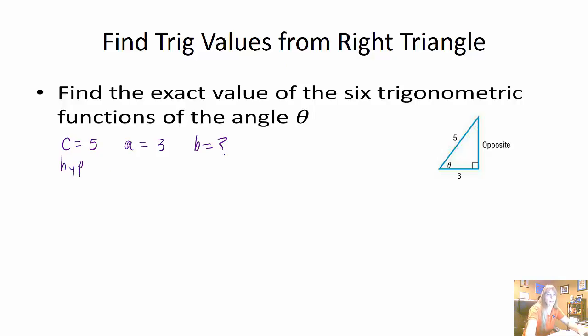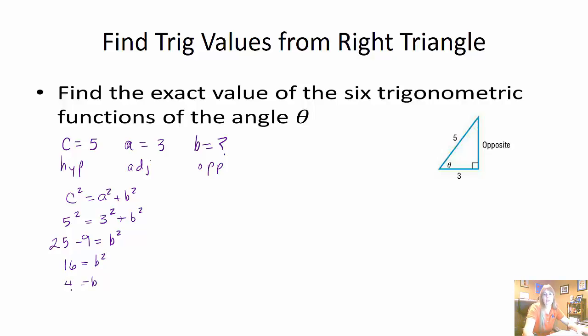This is the hypotenuse, this is my adjacent, and what I'm looking for is my opposite. So c squared equals a squared plus b squared: 5 squared equals 3 squared plus b squared. I end up with 25 minus 9, which gives 16. So b equals 4, because these are positive, looking in quadrant 1.